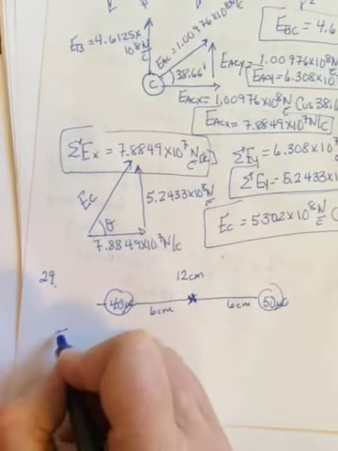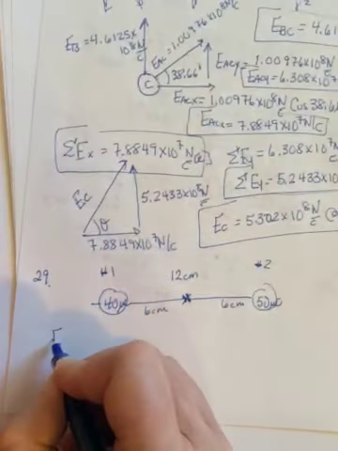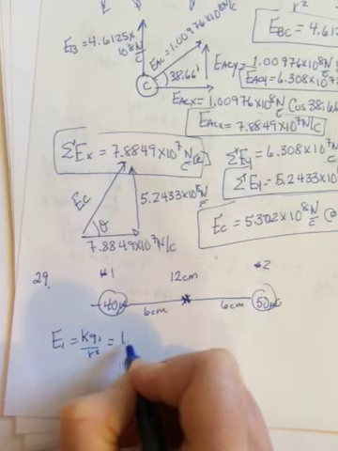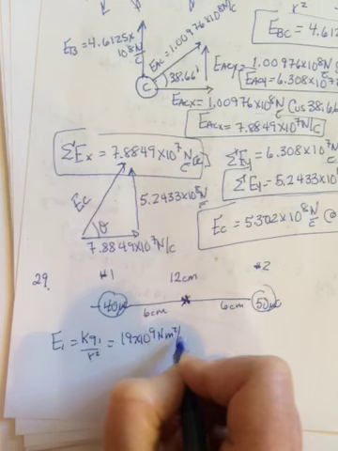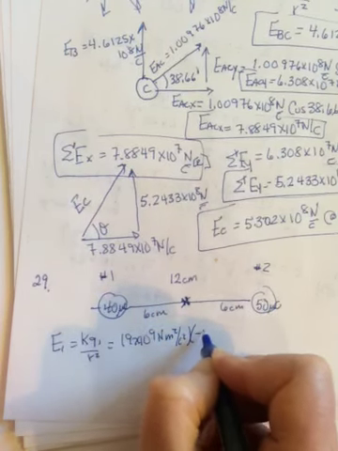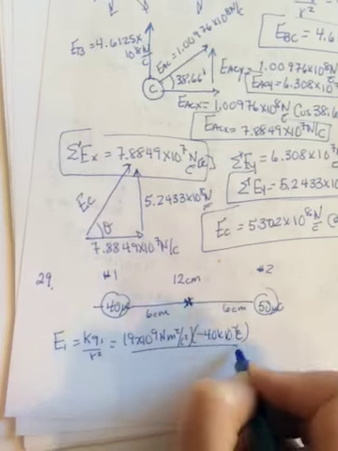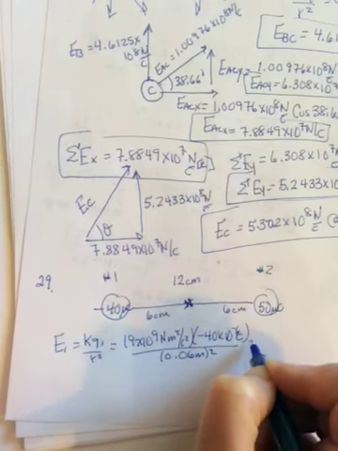So first step, we'll call this one number 1, this one number 2. So find E1, and it'll be equal to kQ1 over r squared. 9 times 10 to the 9th newton meters squared per coulomb squared, negative 40 times 10 to the negative 6 coulombs over 0.06 meters squared.